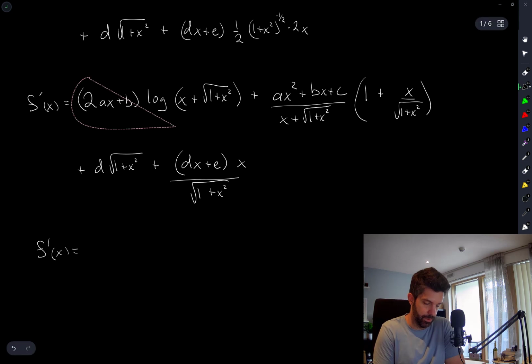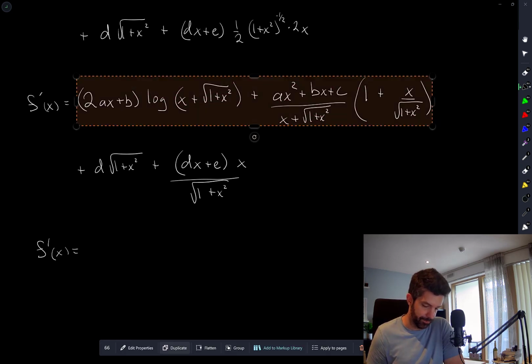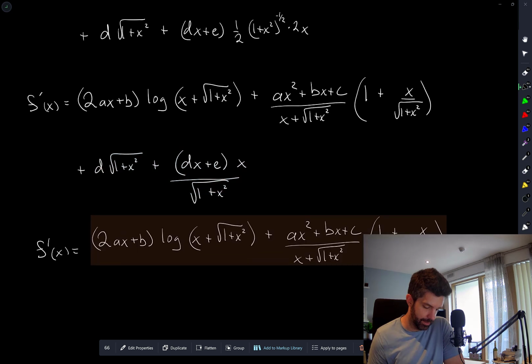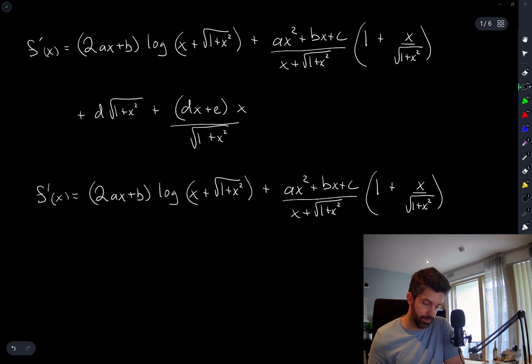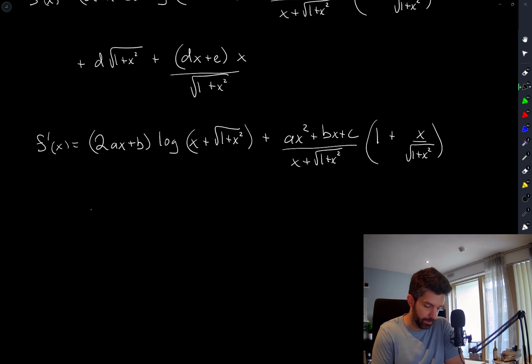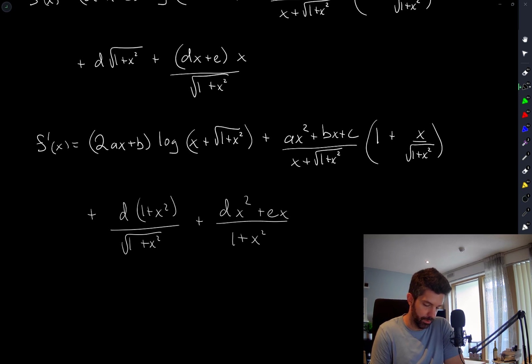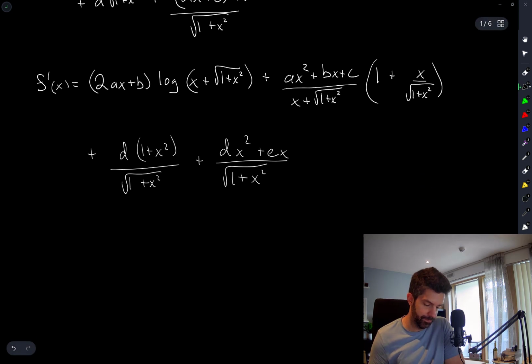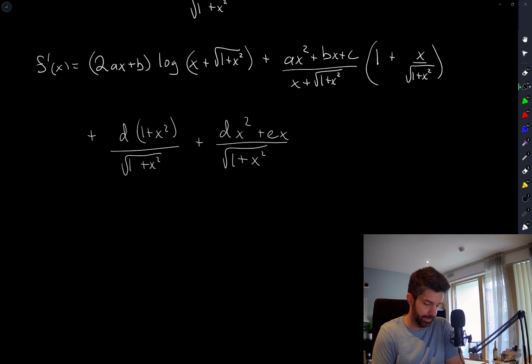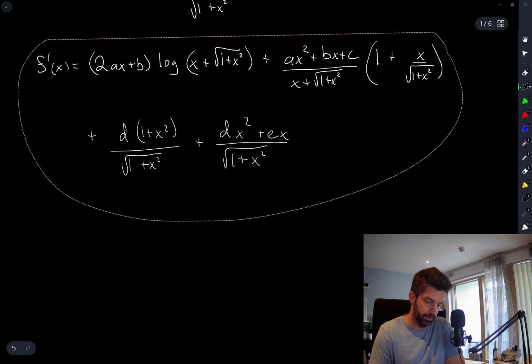So the first two terms here, I'm going to leave the same. I don't think expanding or anything like that is going to make the expression any nicer. But then I'm going to write this as d times (1 plus x squared) over the square root of 1 plus x squared, plus dx squared plus ex over the square root of 1 plus x squared. And so now a little bit of stuff looks like it simplifies.